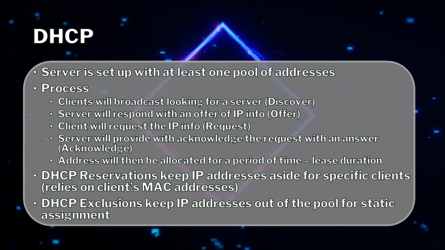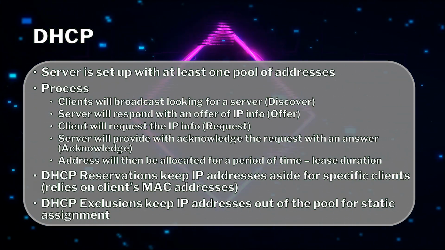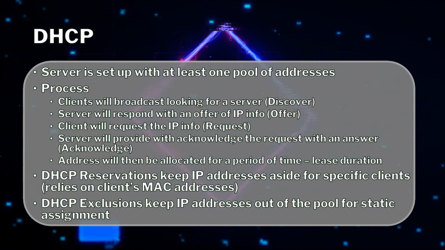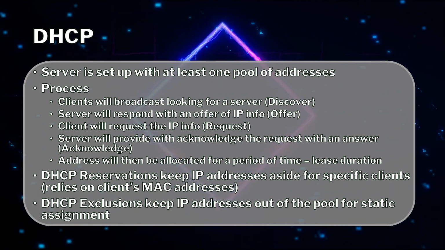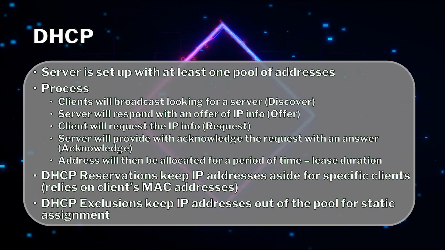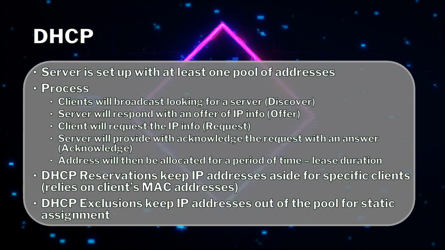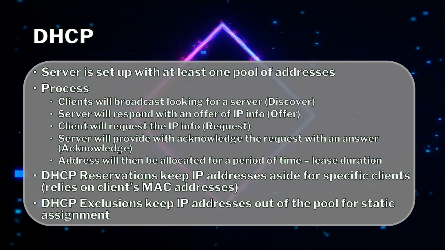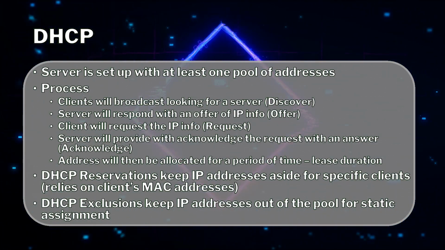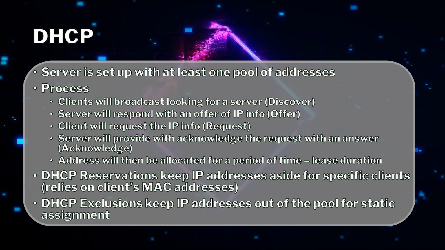Another cool thing we can also do with DHCP is something called a DHCP exclusion. What this does is it tells the DHCP server, please don't give out certain addresses within the pool. Because usually most DHCP services work with a start and end address for the pool. You don't specify every single address in the network because that could take ages. With a Class C network, you've got up to 254 addresses. With Class B, you're looking at 65,000 odd.